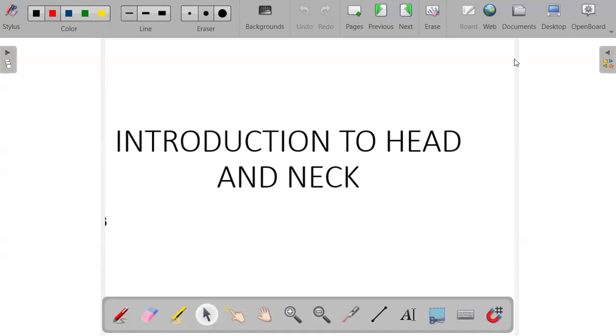Okay, so I was talking about the skull bone. This will be our main focus. The skull bone consists of mainly 22 bones, that is excluding the bones that you find in the middle ear, which are the ear ossicles. So if we exclude the ear ossicles, the skull bone is specifically made of 22 bones.